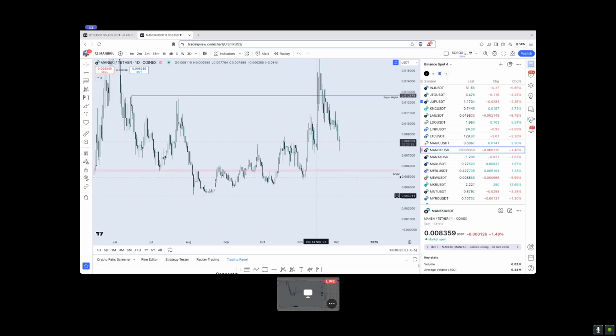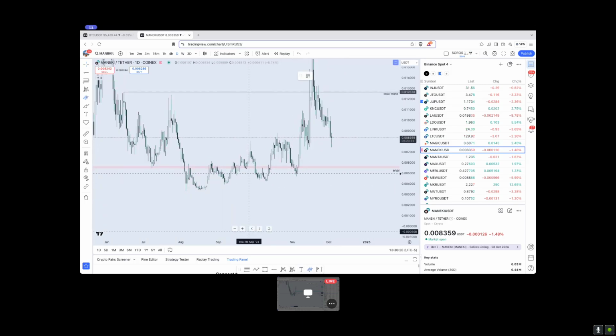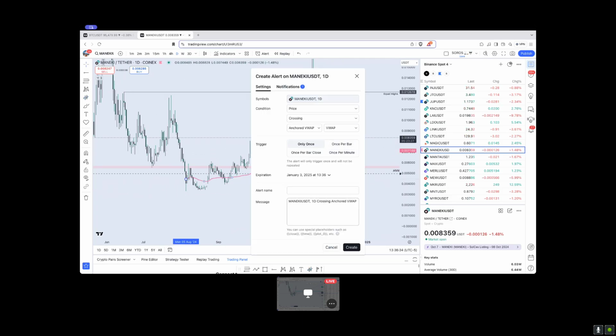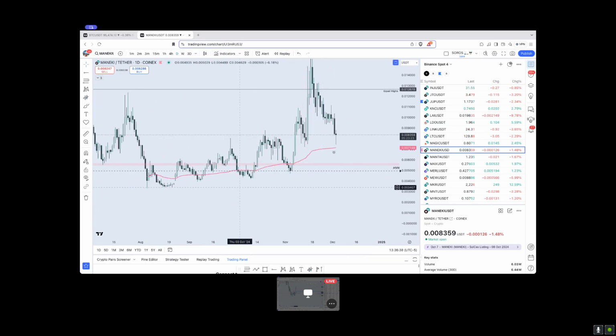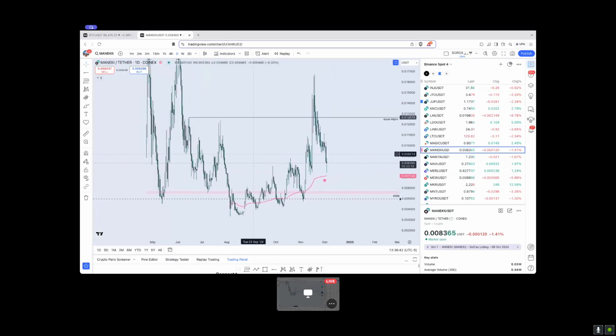Where would you buy? I think I would use anchored VWAP based on trend. It's coming close. Yeah, let's see the volume in the range.